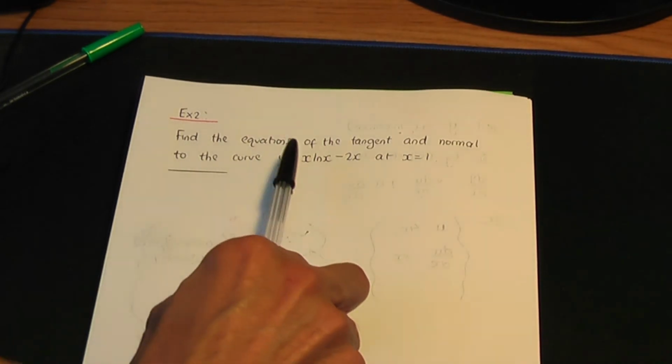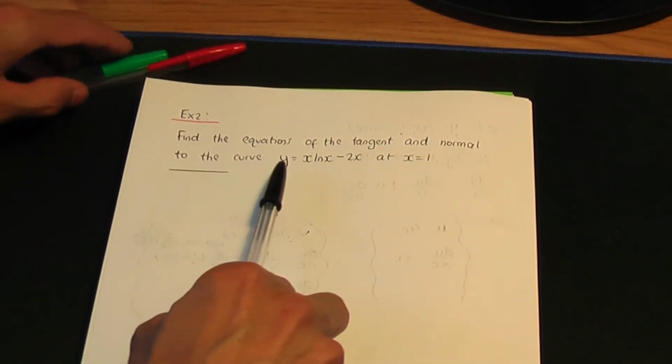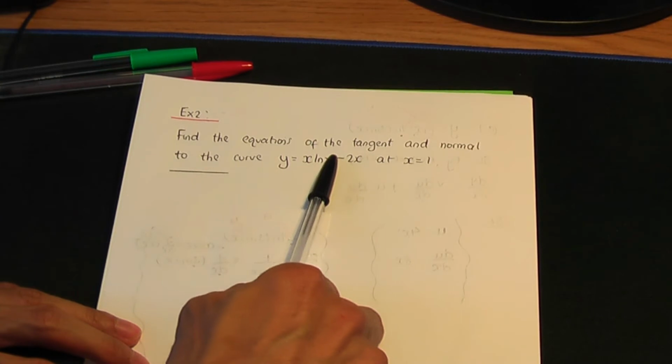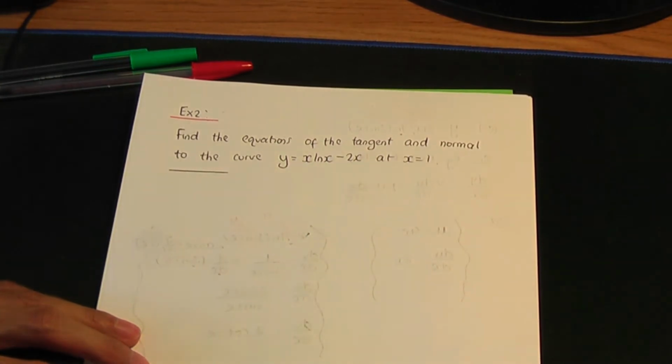So let's find the equations of the tangent and normal to the curve y is equal to x ln x minus 2x at x equals 1.